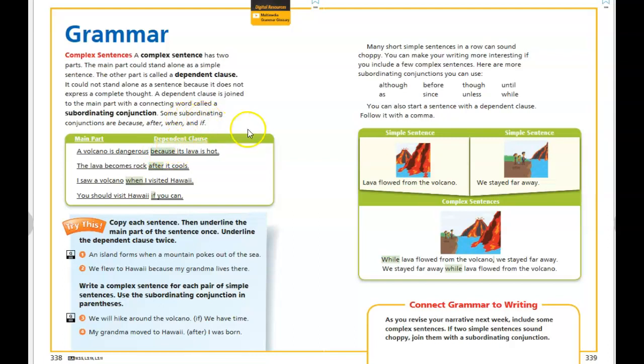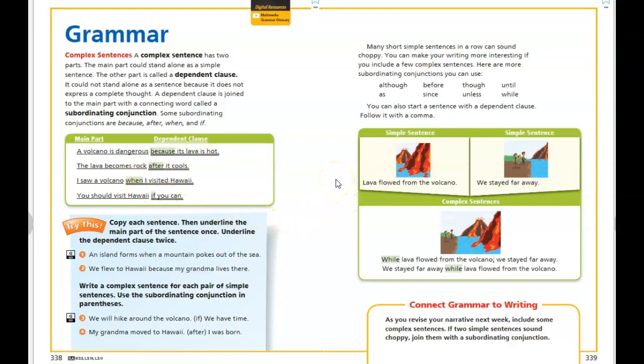And like they told us, some examples of subordinating conjunctions are because, after, when, and if. And you might remember the Schoolhouse Rock song about conjunctions. Conjunction junction, what's your function? Remember that song? So these are our conjunctions.